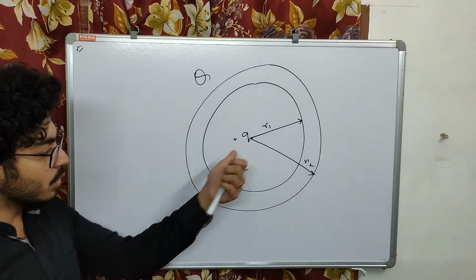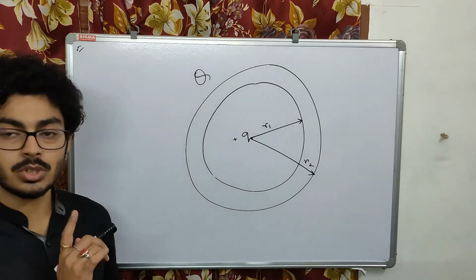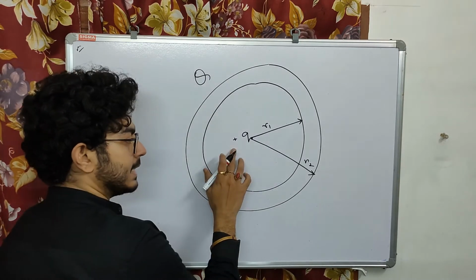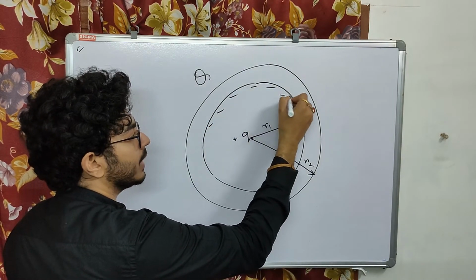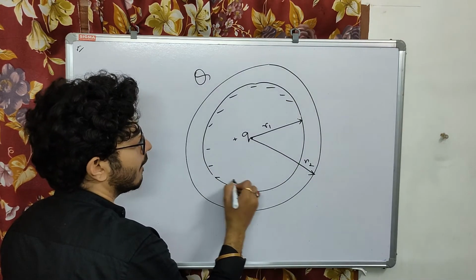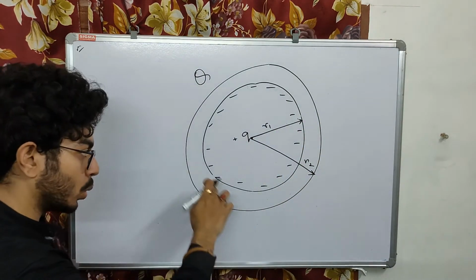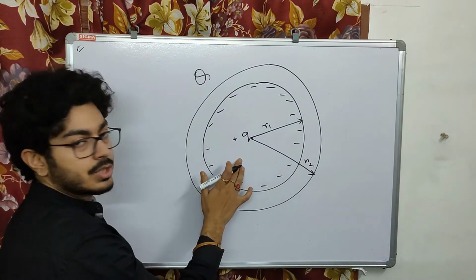So if a q is placed over here, what will be the condition now? From electrostatic induction, if you remember electrostatic induction, as this here is plus q, negative charges will appear at this surface. Now what will be this total negative charge?